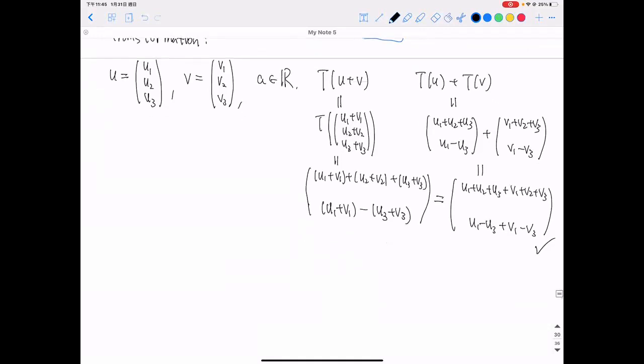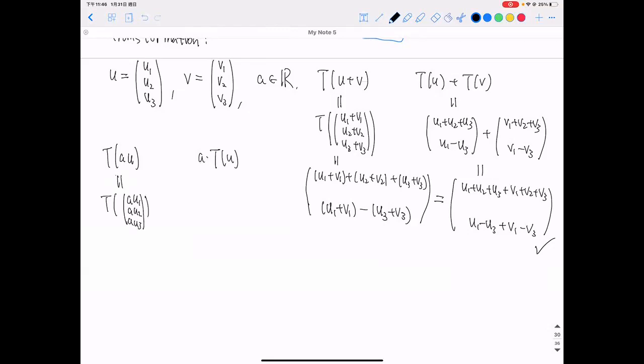Now, for the other required property, we have to look at T of A times U and A times T of U. T of A times U is just T of the vector AU1, AU2, AU3.